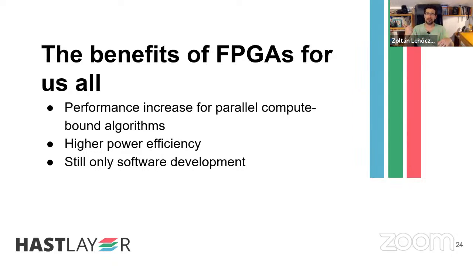So first, you get a substantial performance increase if your algorithm is massively parallel and either compute bound or memory bound. Secondly, you also get a higher power efficiency, which translates to lower operating costs. And thirdly, it's still software development as usual.